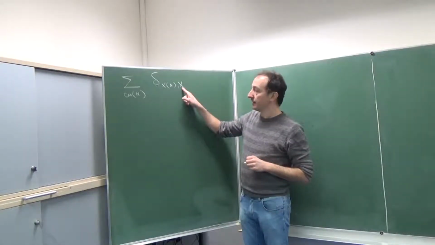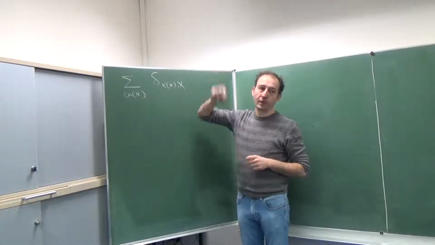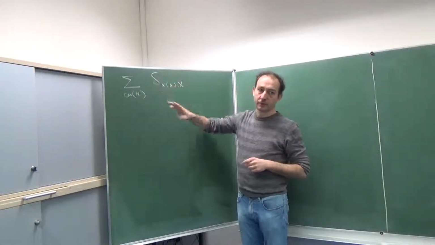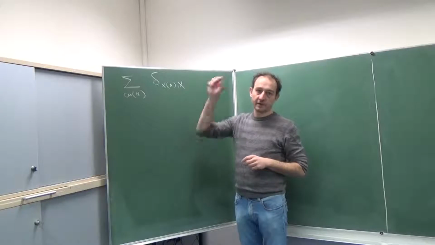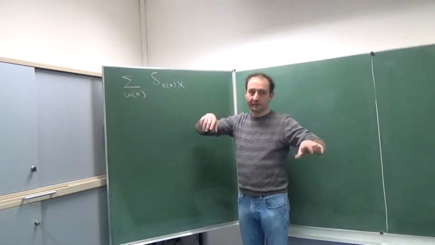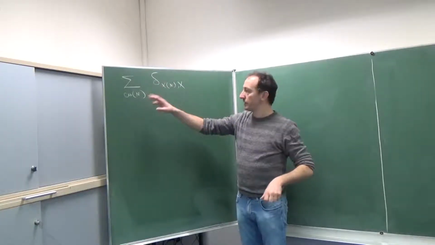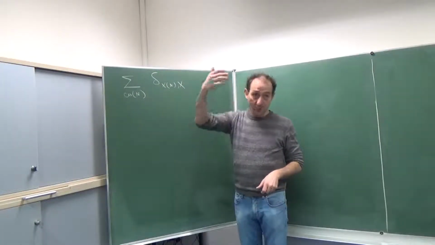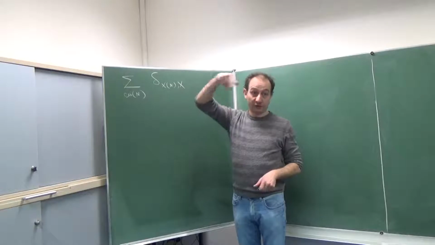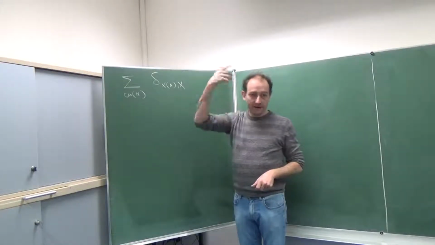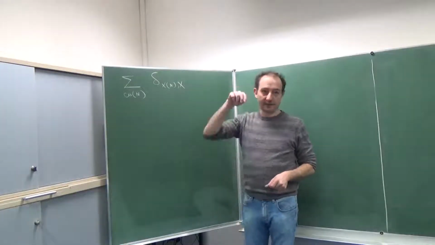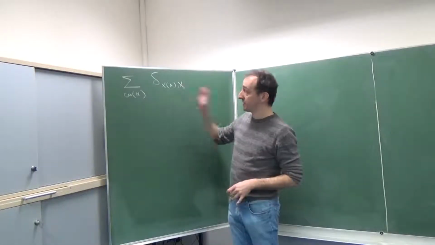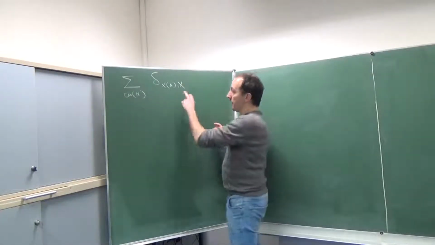So you fix the number of times that you jump from 1 to 2, 2 to 3, 3 to 2. You say, I want to jump 7 times, 5 times between these two, 8 times between these other two, etc., etc. Now this number is going to tell you how many ways of doing this trajectory there are that give those numbers.